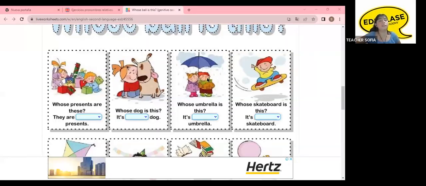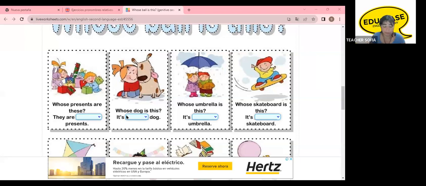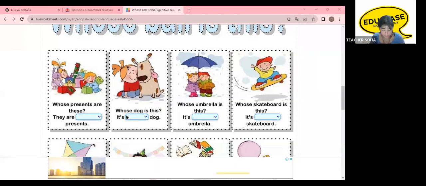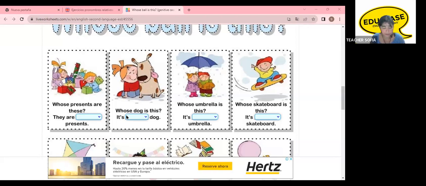And finally, we won't do this whole exercise. I just want you to see the way, as I explained. Let me check one more. Okay, 5 of 7. If you have any doubt, any question, tell me.